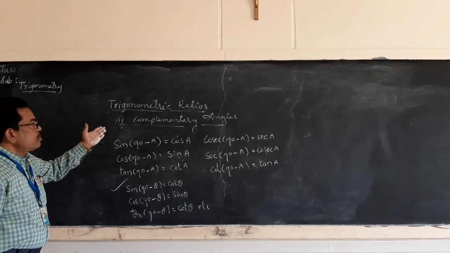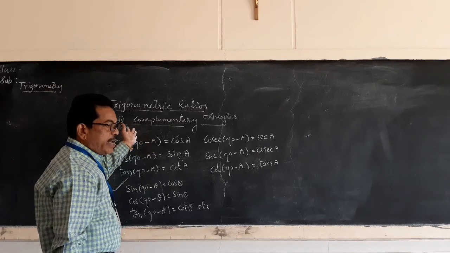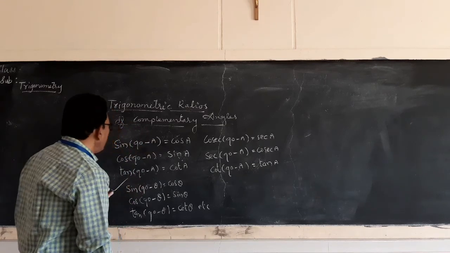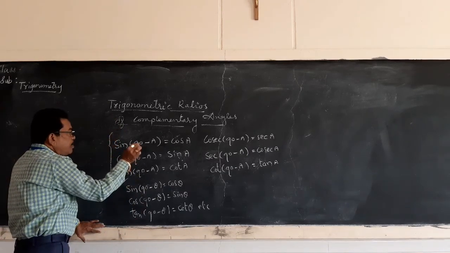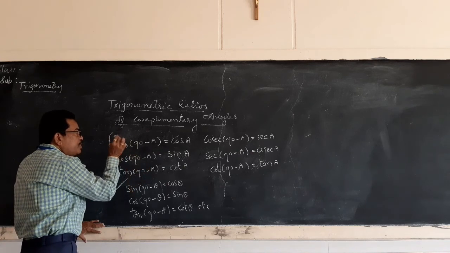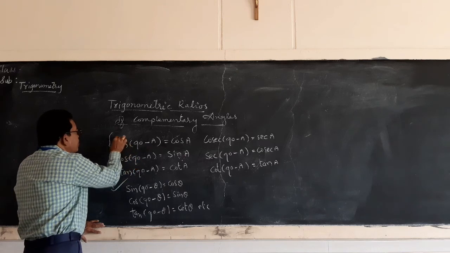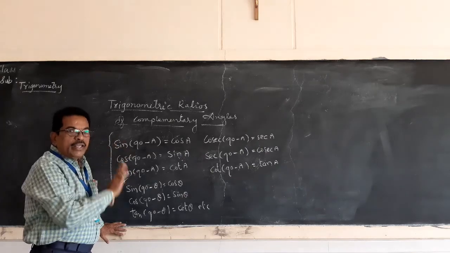So this is the topic where we have to learn the exercise 11.3. These are the trigonometric ratios of complementary angles, which are used in exercise 11.3.